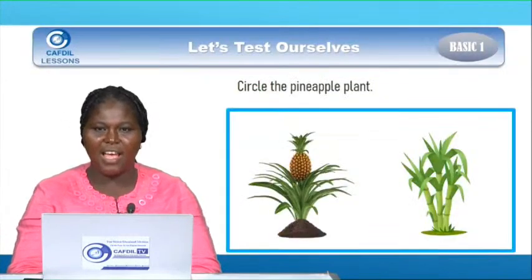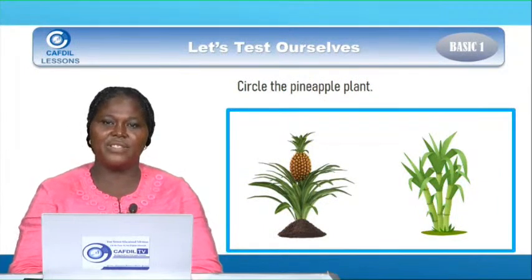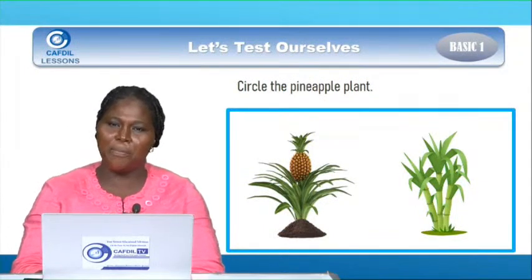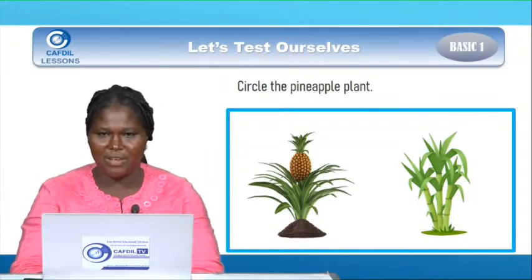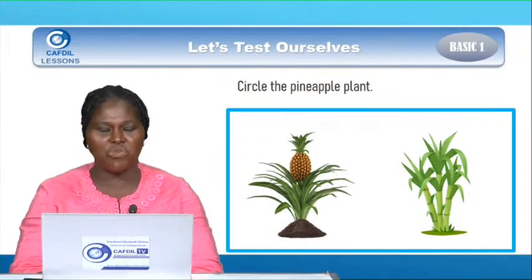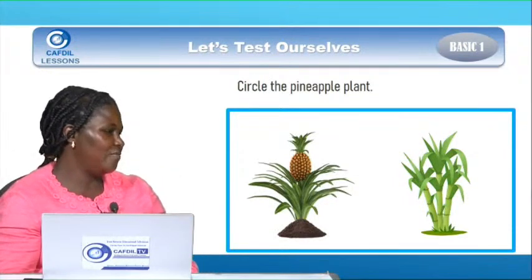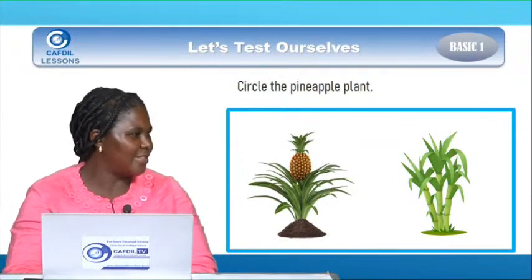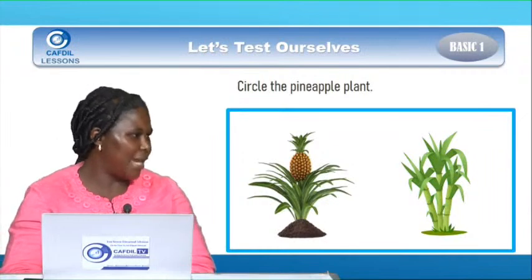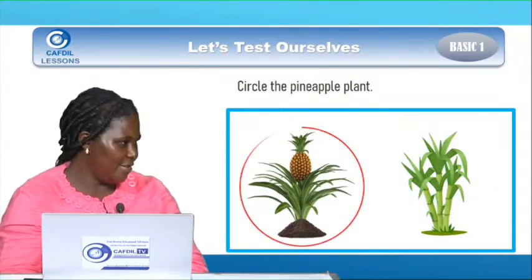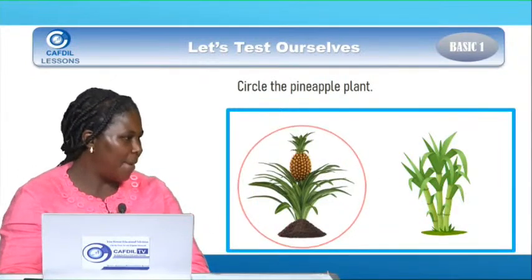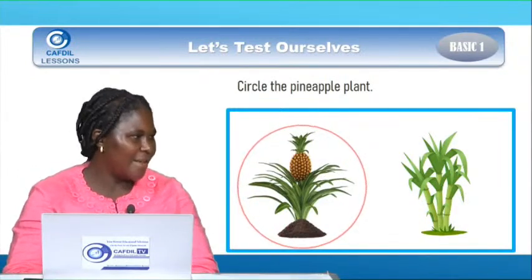Good. Now circle the pineapple plants. We have two plants on our screen. So I want you to circle the one which is pineapple. Good. So this is pineapple plants.